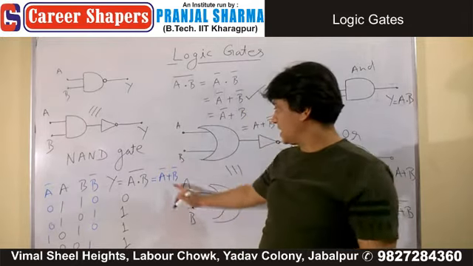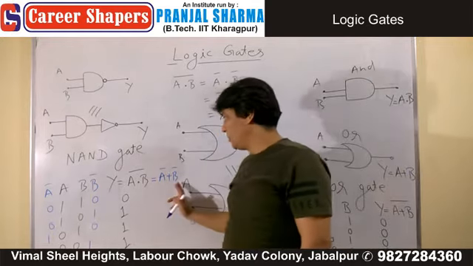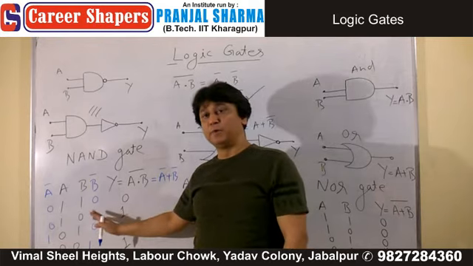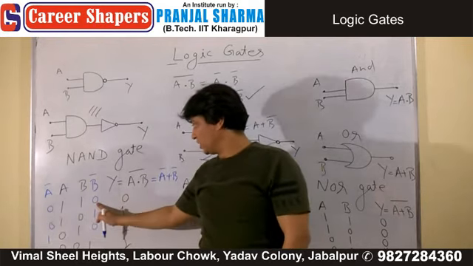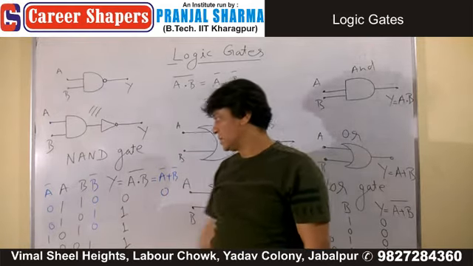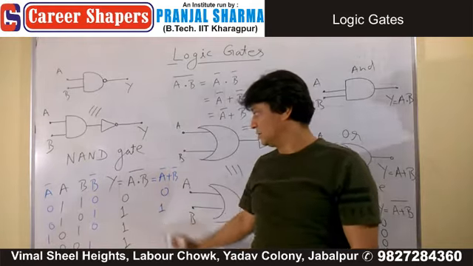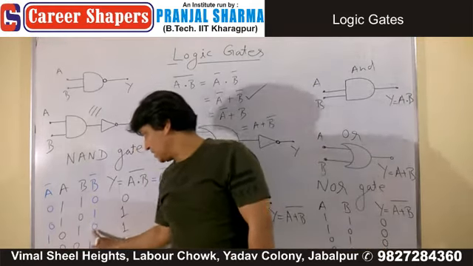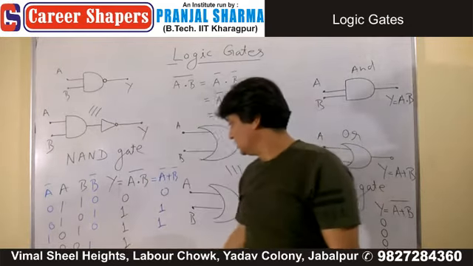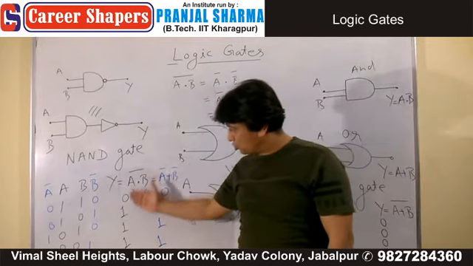If I write A bar plus B bar, what do I get? Remember, I will be adding information written in blue. 0 plus 0 is what? 0. Same thing. 0 plus 1 is what? 1. 1 plus 0 is 1. 1 plus 1 is also what? 1. Same truth table.